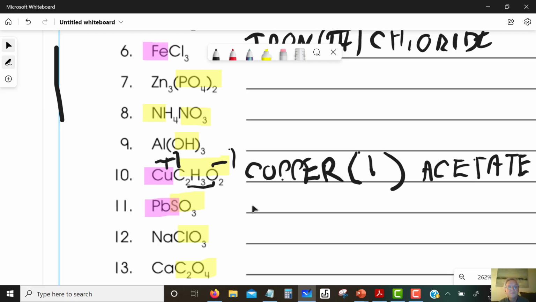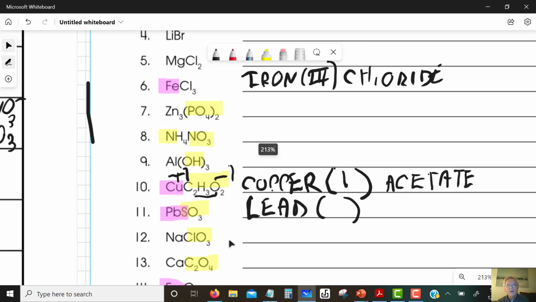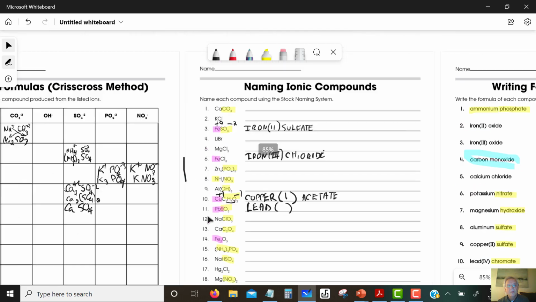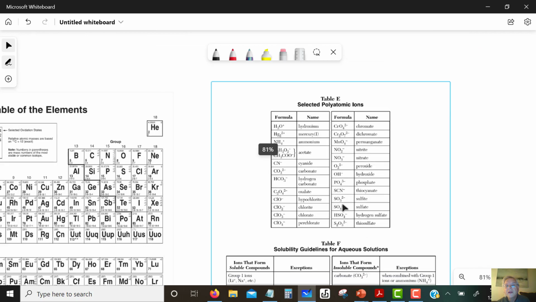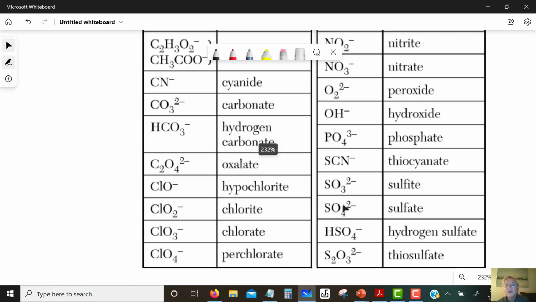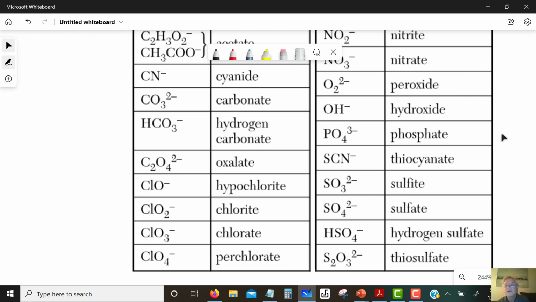And the last one here, I'm going to let you try the rest on your own. This is lead, Pb, but I don't know which form. I'm not sure which oxidation state, so I'm leaving a bracket. The SO4, more than 3. This is where you have to be careful. Let's see, lead. SO3, it says it has a -2 charge, and that's called a sulfite.